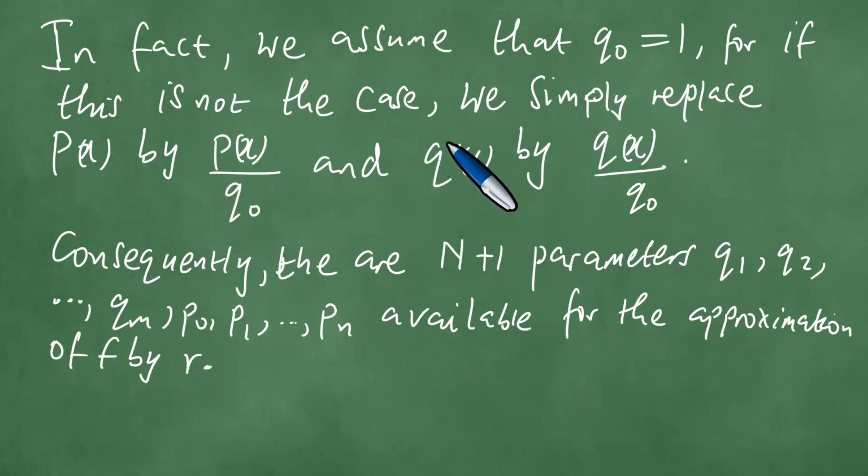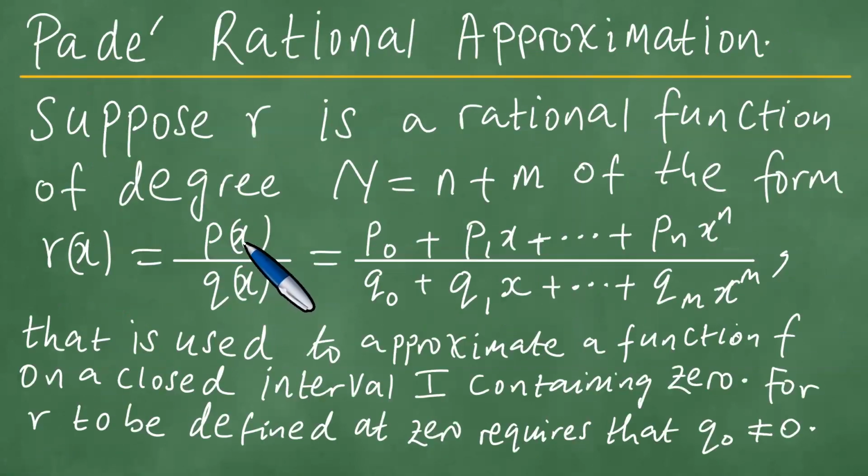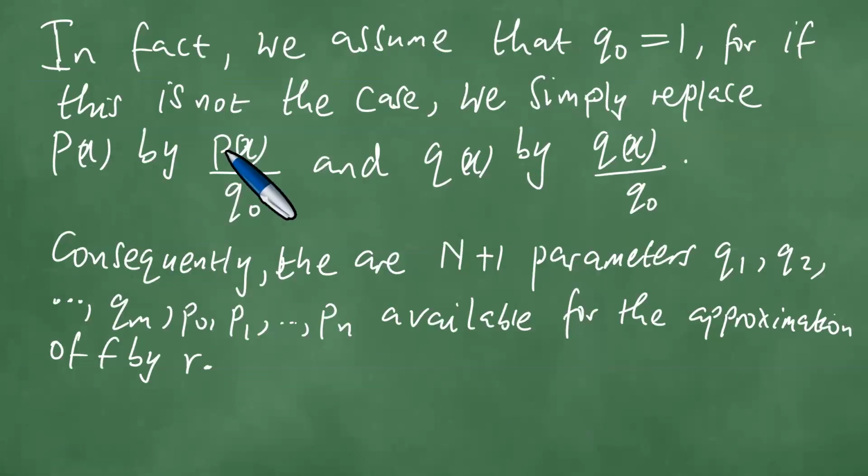For if this is not the case, we simply replace P of x, which appears in the numerator, by P of x over Q naught, and Q of x in the denominator by Q of x over Q naught.